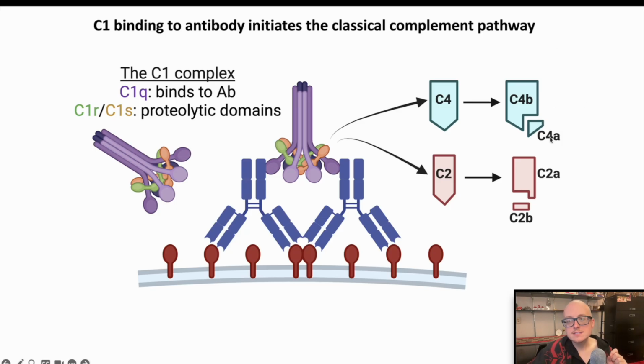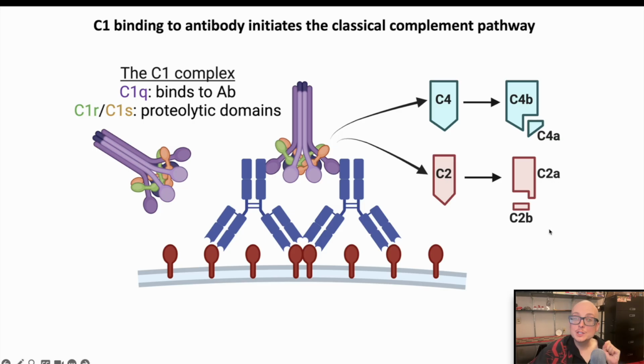One of those pieces is designated with the subscript A, and the other with the subscript B. And so here we get C4 being cleaved into C4a and C4b. Similarly, the molecule C2 is cleaved into two molecules, C2a and C2b.